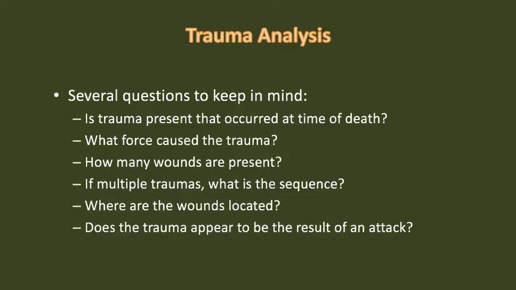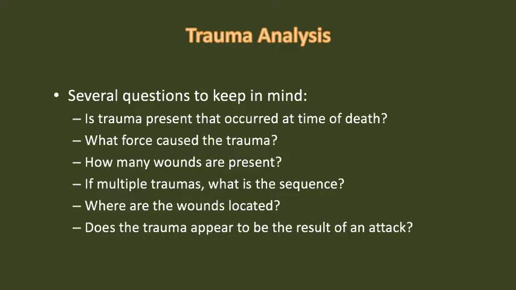But before we do, a few questions to keep in mind are listed here. These are things you want to pay attention to when you're doing your trauma analysis. Is there trauma present that occurred at the time of death? That would be something called perimortem trauma, which we will talk about a little bit later. Can you figure out what force caused the trauma? How many wounds are present? If you have multiple sources of trauma, what is the sequence?